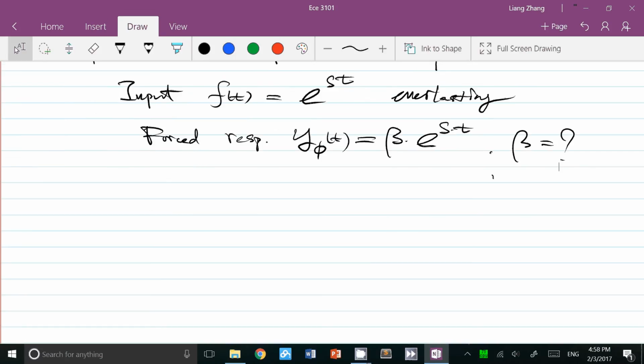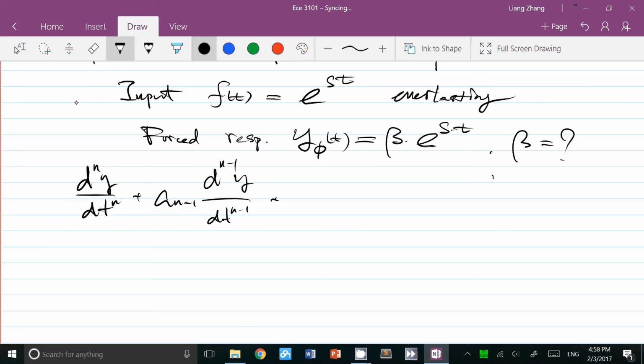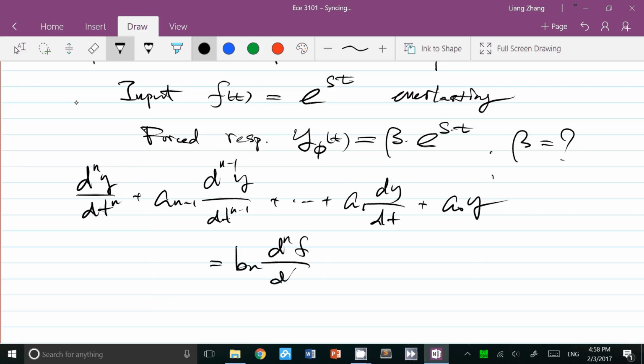Now, this type of derivation we have done earlier. That is when we have our differential equation at the beginning, plus all the terms, a1 dy/dt plus a0 y equal to bn d^n f/dt^n up to b0 f.